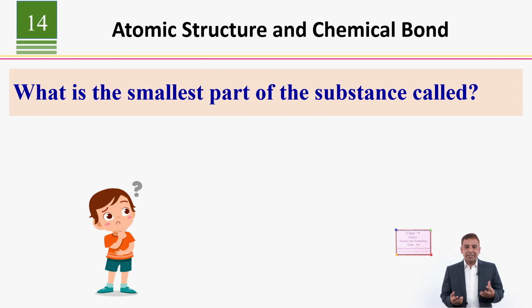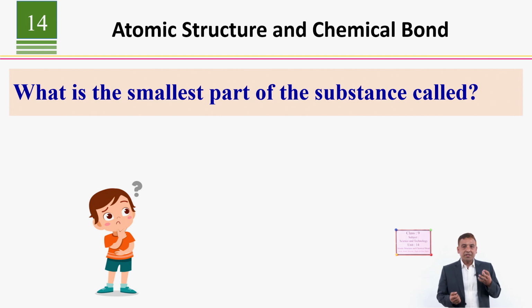As you are thinking, there are millions of substances over the universe. These substances are made up of different elements, and these elements have atoms. Some elements are diatomic, some are monoatomic.